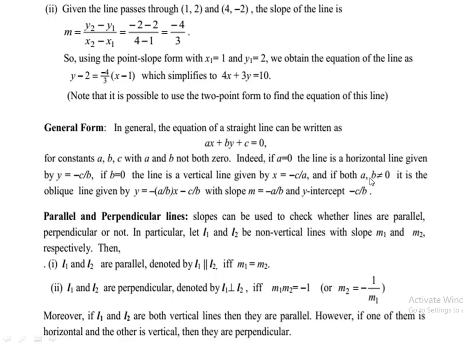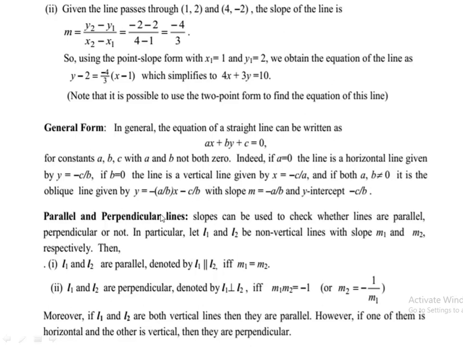But if both a and b are different from 0, then we obtain an oblique line, which is given by y equals minus a over b times x minus c over b. Here the number minus a over b is the slope, and minus c over b is the y-intercept.